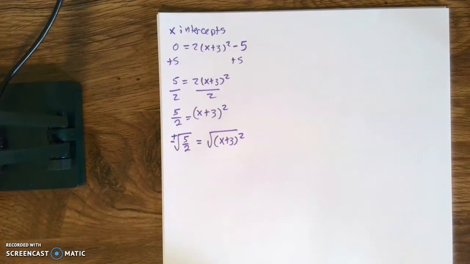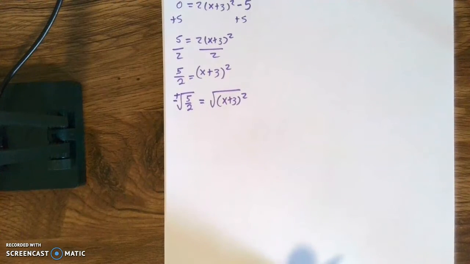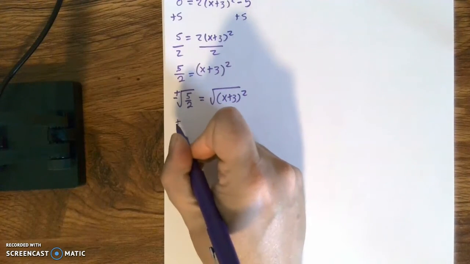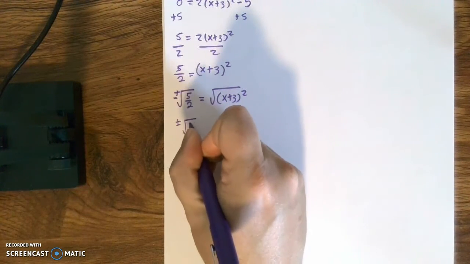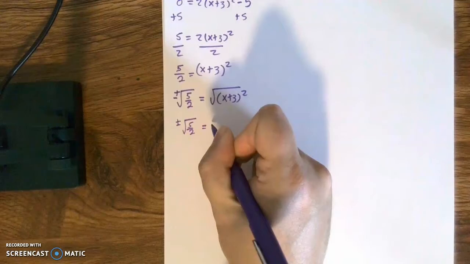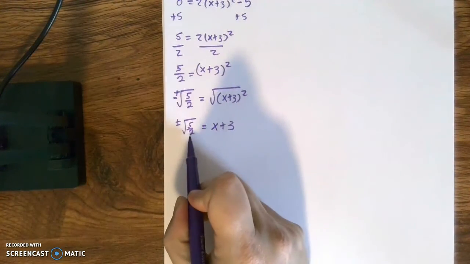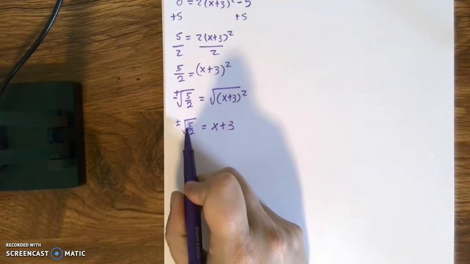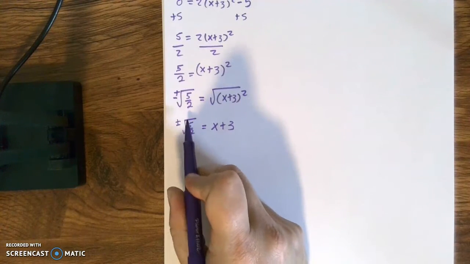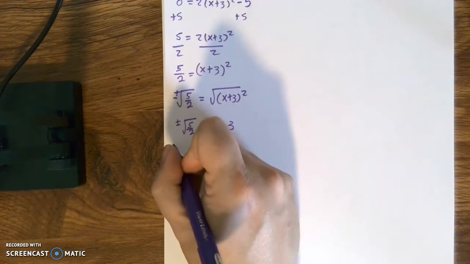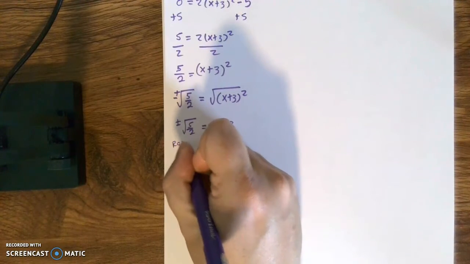Okay. And when we do that square root, we don't want to end up with a square root in a denominator. So let's finish this first. What I mean here is that this is like square root of 5 over square root of 2, and we don't like square roots in the denominator, so we need to rationalize the denominator.